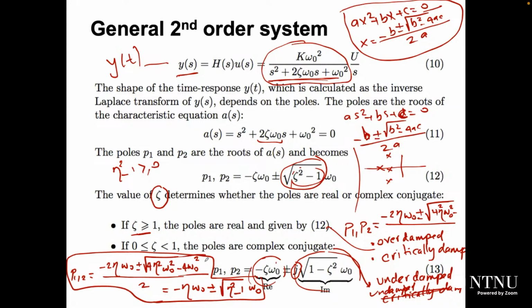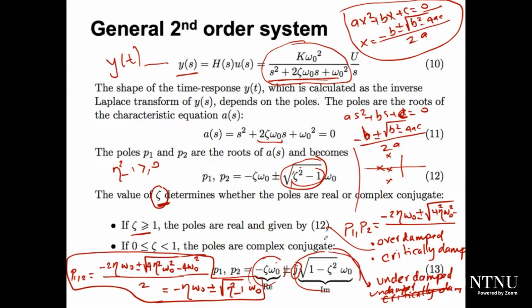Those factors are zeta and omega n, and K, of course, right? But the most important here is zeta, and the undamped natural frequency, which is omega n. Those are very, very important.